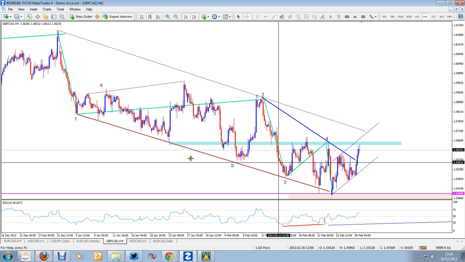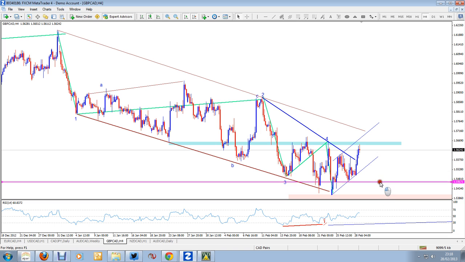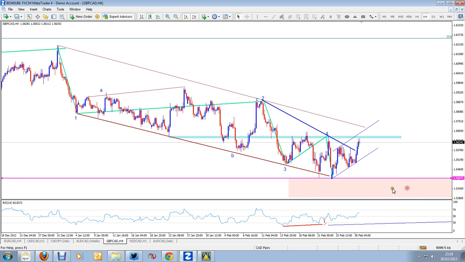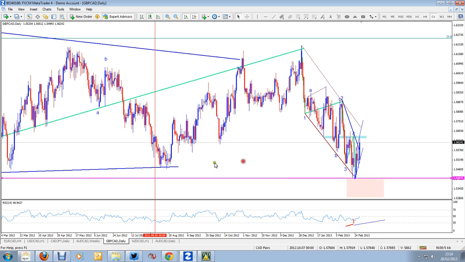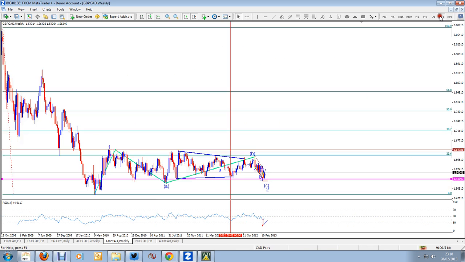So it's like an ending diagonal. Okay, if that's an ending diagonal, then that means we already have a bottom formed there. Let me just check on this here.